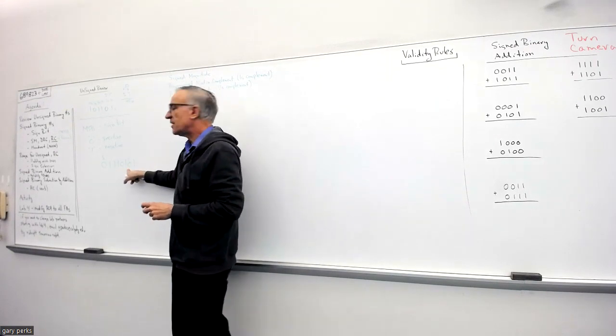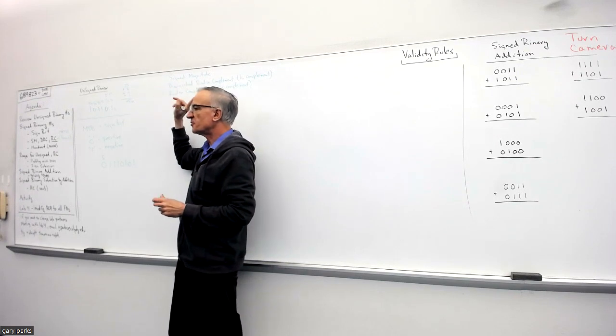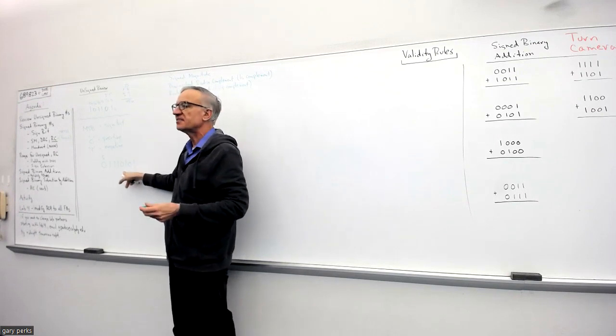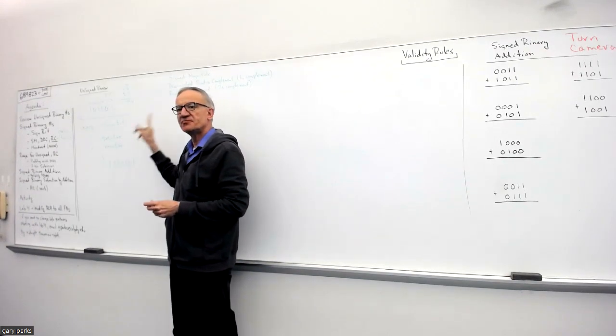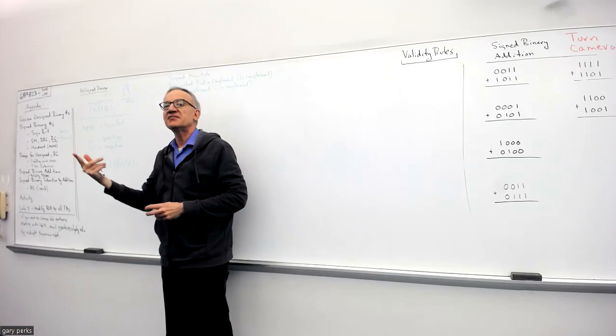Whether it's sign magnitude, one's complement, or two's complement, I find the magnitude the same way. There's no difference in how you find the magnitude of a positive binary number based on these different types. What's different is how you find the value of a negative number.